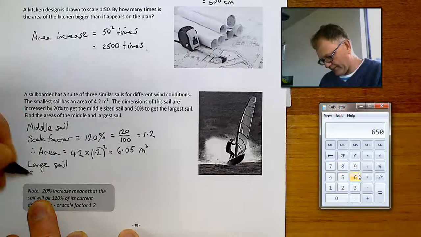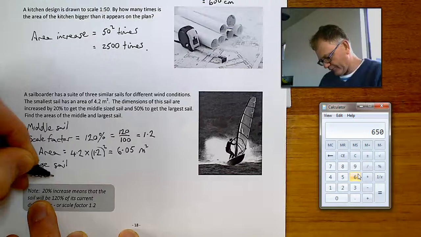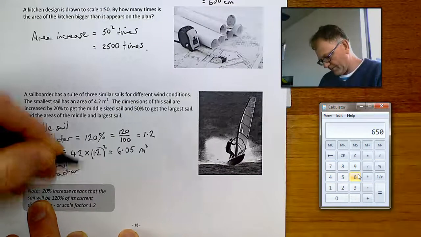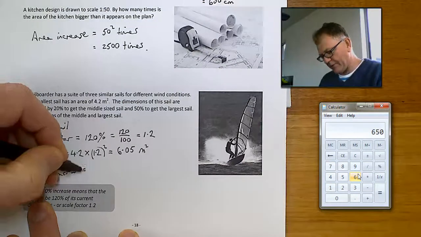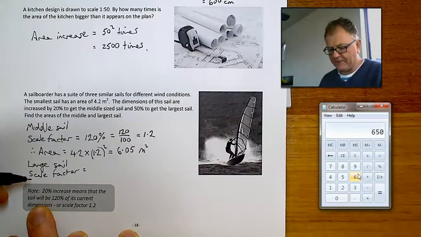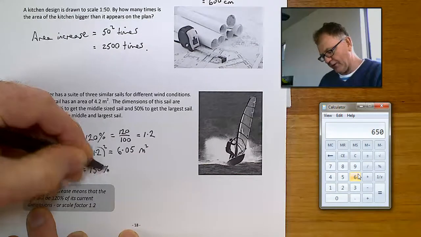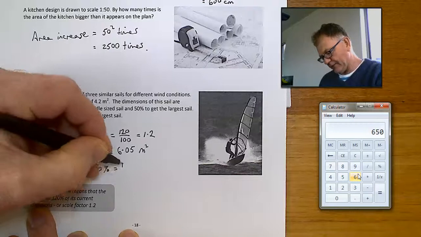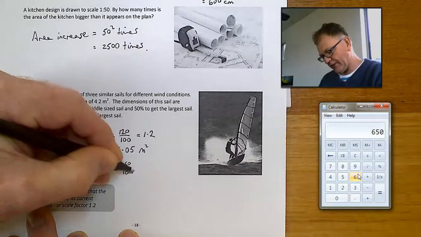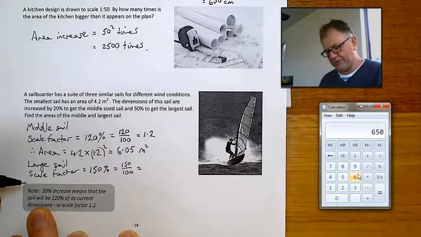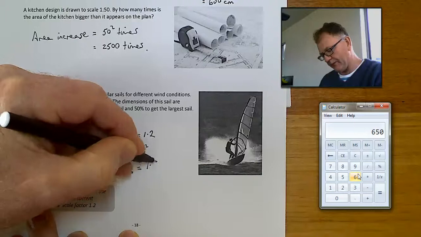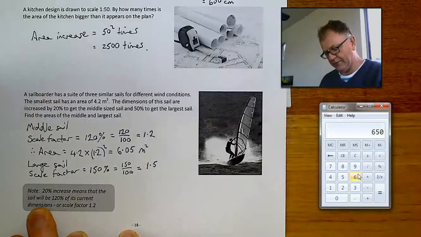The scale factor: it's 50% bigger. So that means it'll be the original size plus 50%, or 150% of its dimensions. 150% means 150 out of 100. 150 divided by 100 equals 1.5 is the scale factor that we're using.